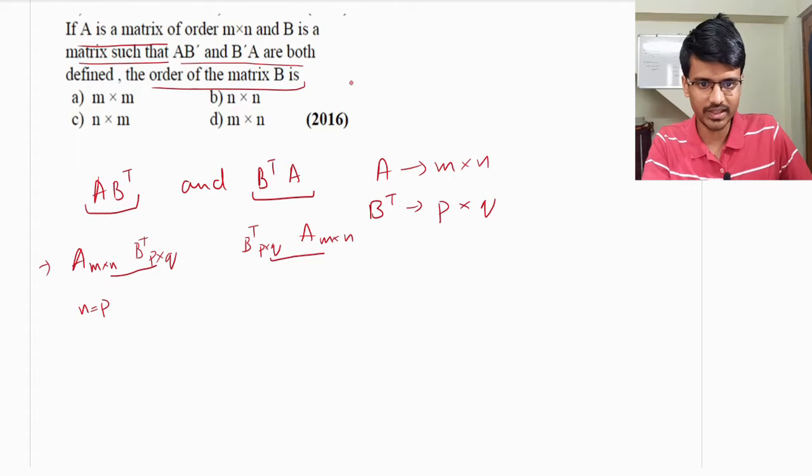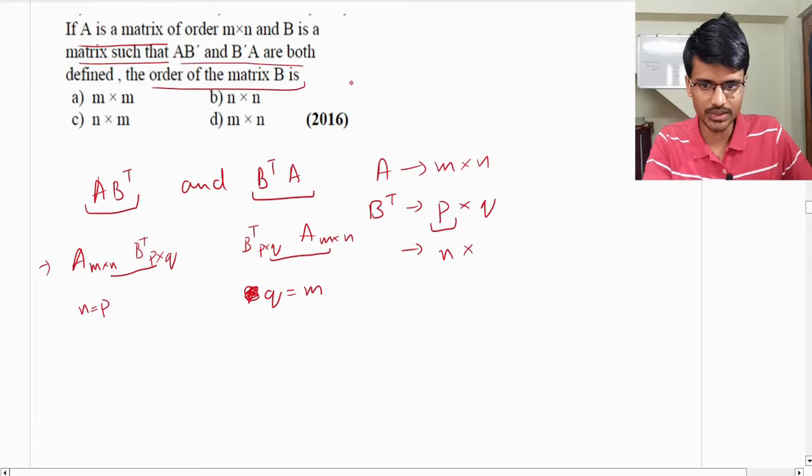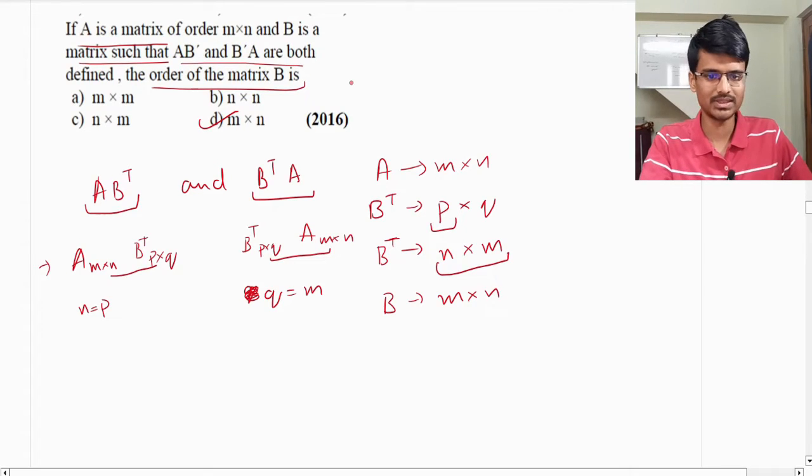Again, this is defined, so these two are equal, that means Q is equal to m. So substituting the values, P is equal to n and Q is equal to m. So B transpose is nothing but n cross m. Then what will be B? B will be reverse of this, m cross n. So the correct answer is option D. So simple, just 2 or 3 steps. You can easily solve it in 1 minute.